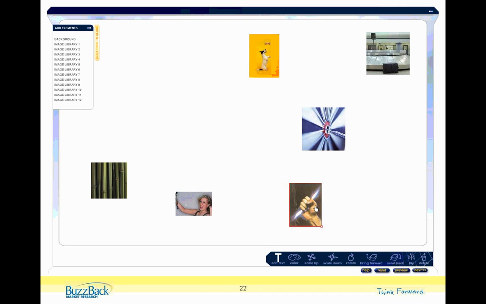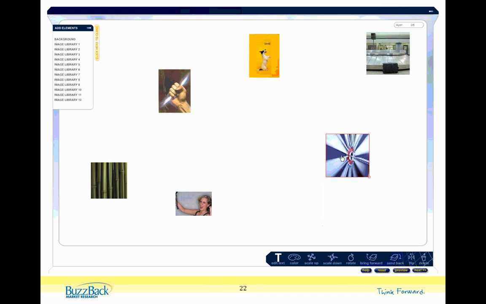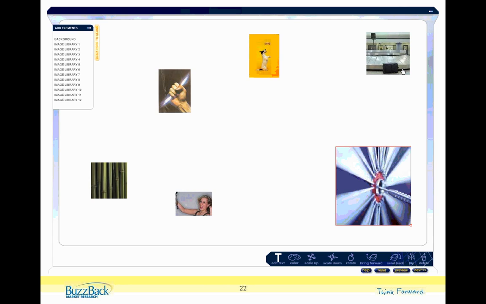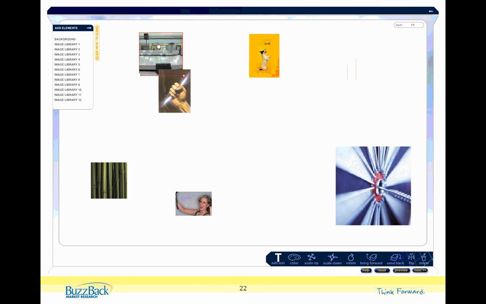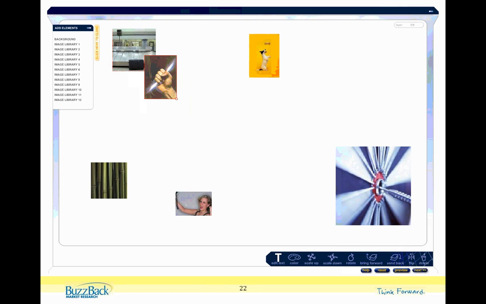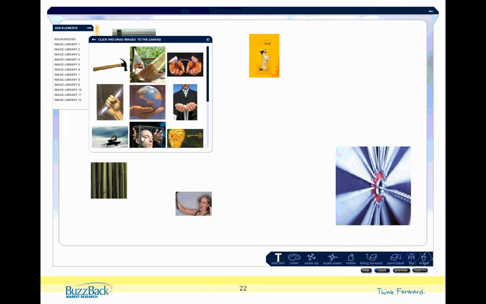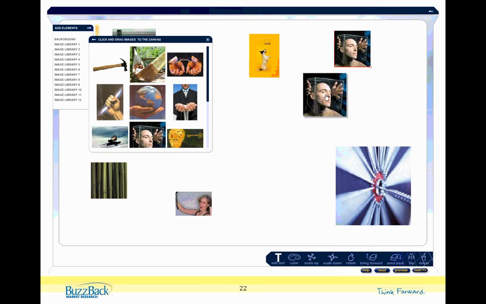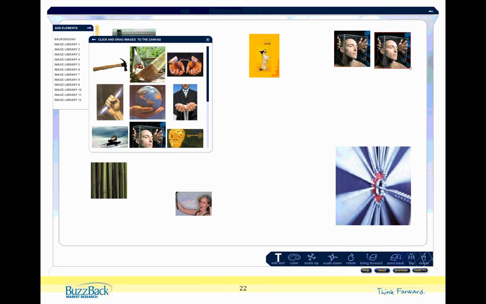Once they have put images on the canvas, they're free to move them around and resize them. You can even repeat multiple images, which is a very distinct property compared to offline collaging techniques.